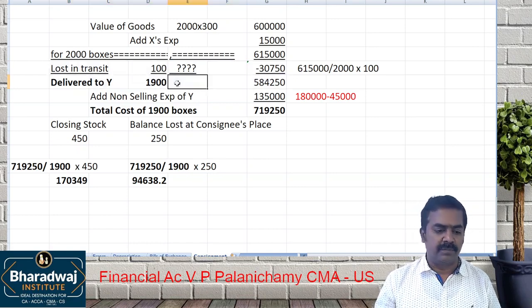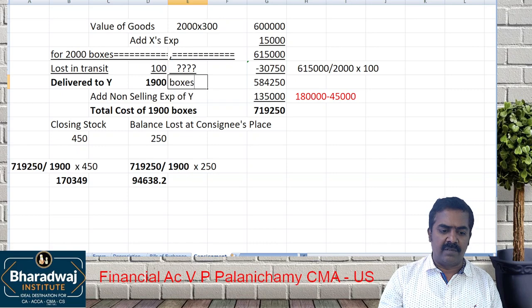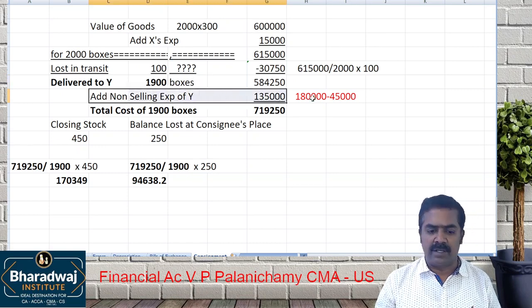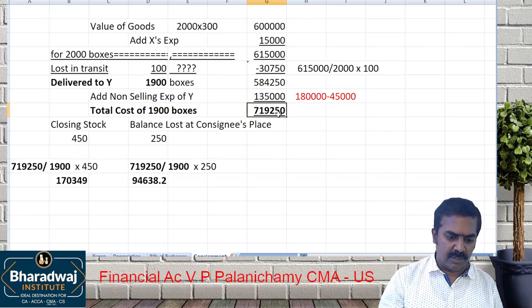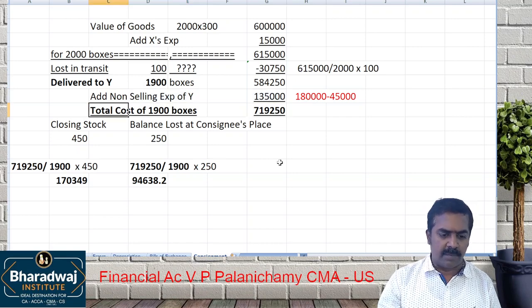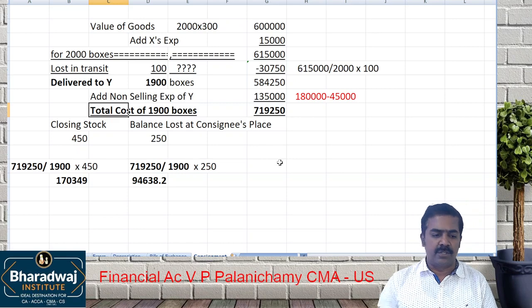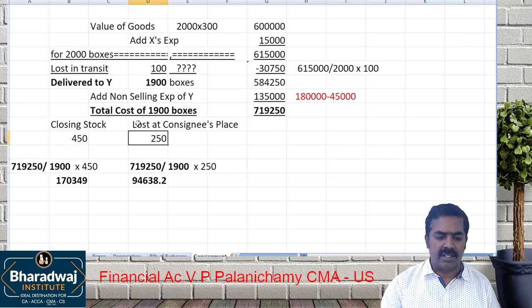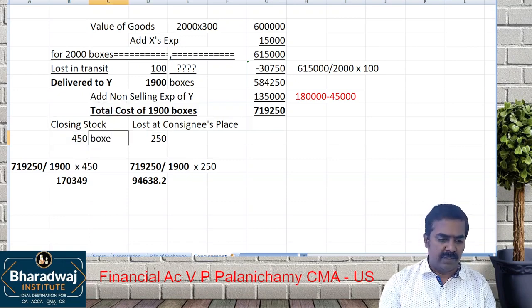How many are delivered? 1900 boxes delivered to Y. Then only the non-selling expense of Y should be included, 1,35,000. So what is the total cost of 1900 boxes? 7,19,250. Very simple. How much is the closing stock? 450. What is lost at the consignee's place? 250.